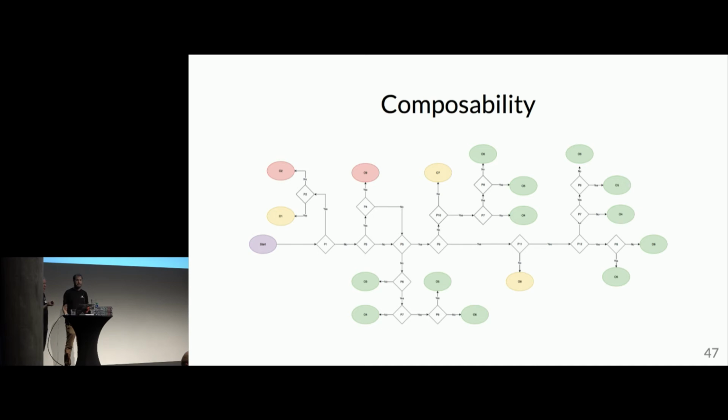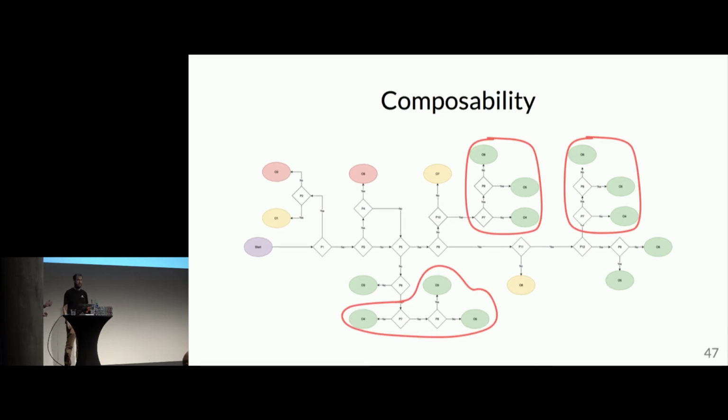So as we said, composability is being able to take small pieces of a given type and build them up into larger pieces. And that lets us break off the big stuff into smaller things and reuse smaller pieces. If you look at this tree, then we can see that these three subtrees are actually identical. The one at the bottom might not immediately stand out, but if you look at the predicates and outcomes, it's actually the same subtree.